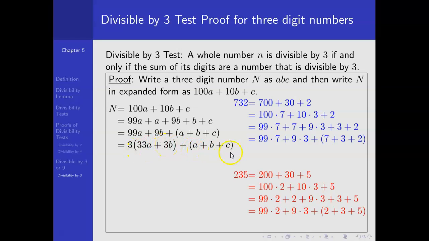And then we still have our A plus B plus C on the end. We can do the same thing with our examples. We get 3 times the quantity 33 times 7 plus 3 times 3, and that's just pulling a 3 out of those first two terms. And then with 235, we pull the 3 out of the first two terms, and we get 3 times the quantity 33 times 2 plus 3 times 3.